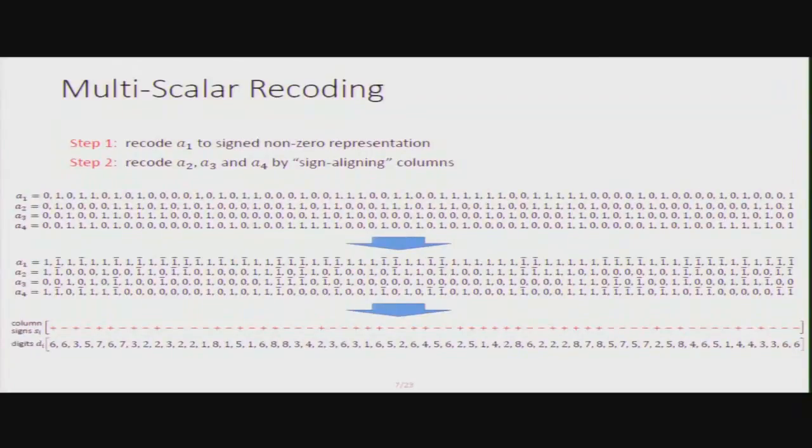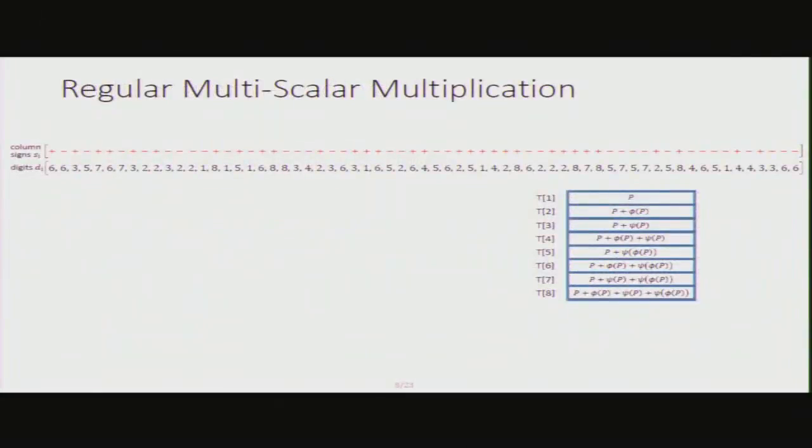Now, using this representation after decomposing and recoding, you can proceed with the scalar multiplication. What you have to do first is construct a table with 8 values, combining all the possible values of the base point plus the mappings using the endomorphisms, and each digit will point to an entry in the table.